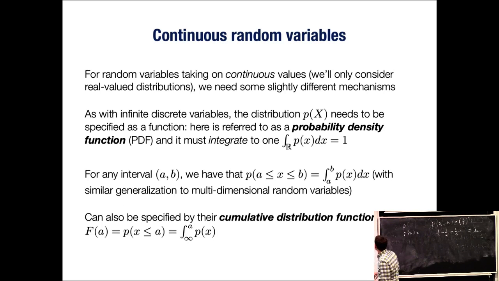The idea here is that we can do the same thing where we specify x as a function, but instead of having the rules be about sums, because you can't take a sum over an uncountably infinite thing, we now start talking about integrals. We can have the same notation for specifying distributions over continuous random variables.